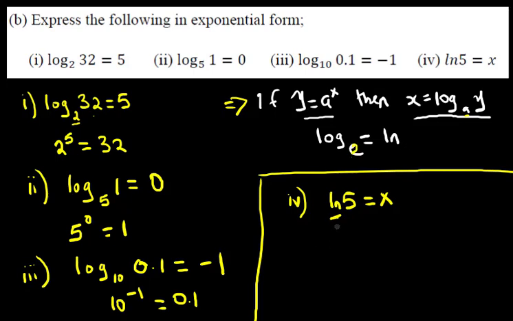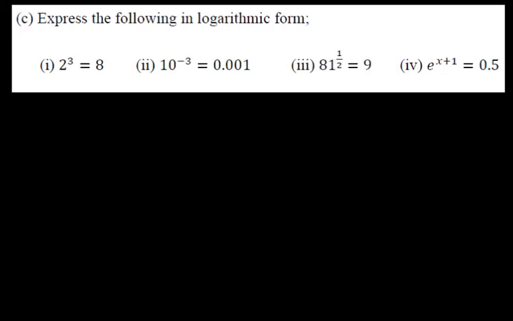So we can rewrite this as log e 5 is equal to x. Then we can express it as e raised to the power x is equal to 5. So we are done with part B, and we go on to part C.